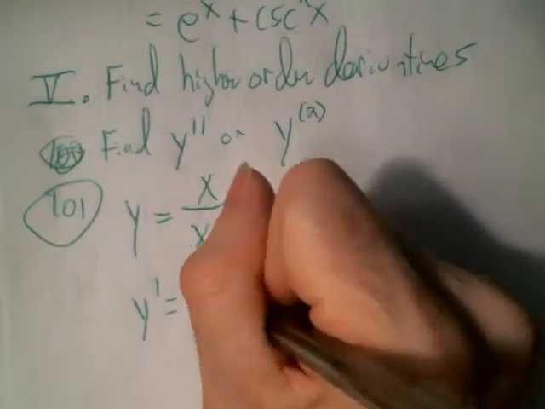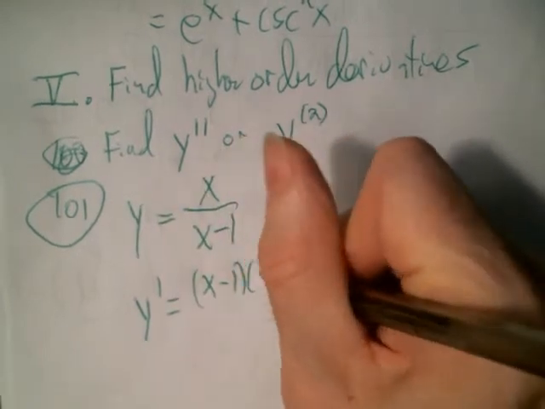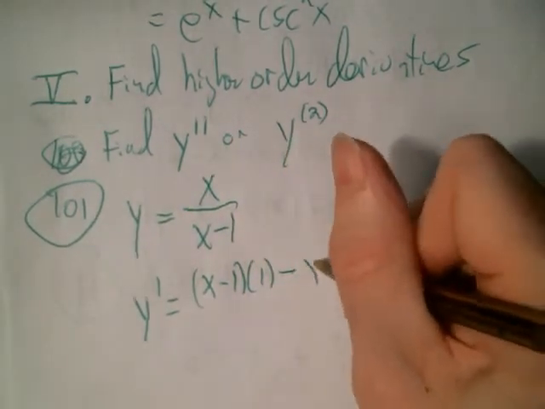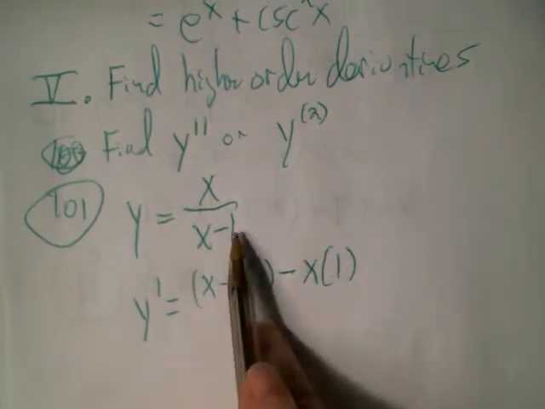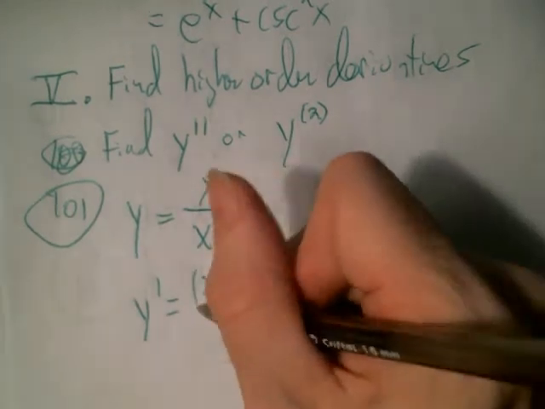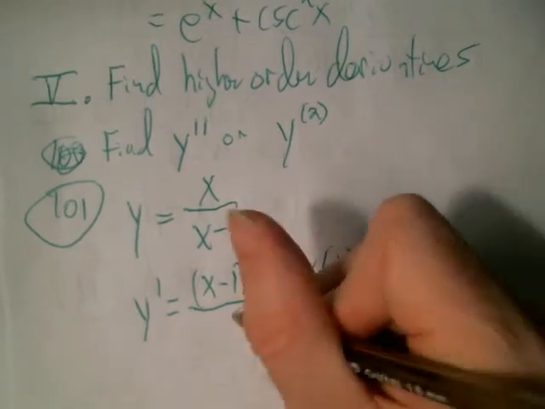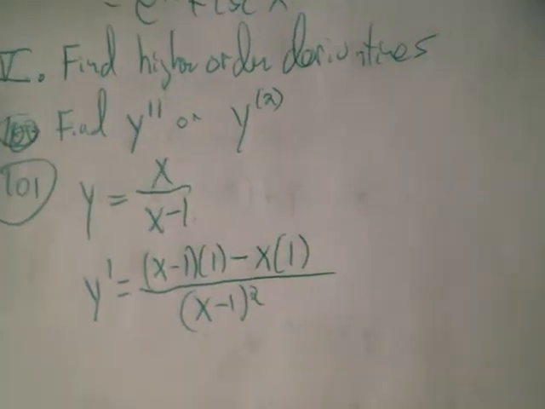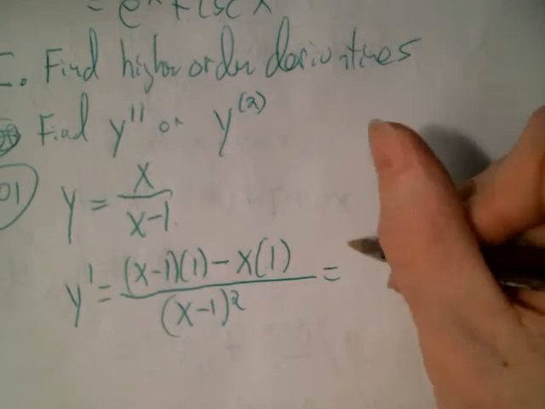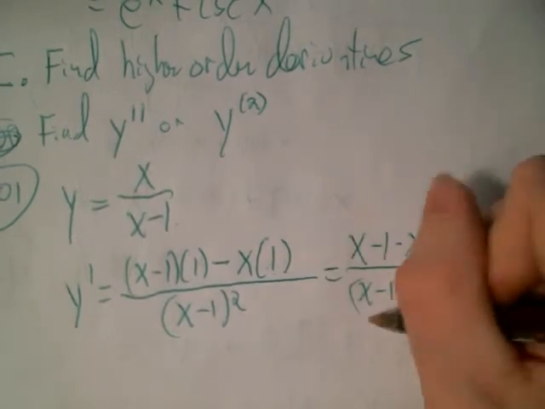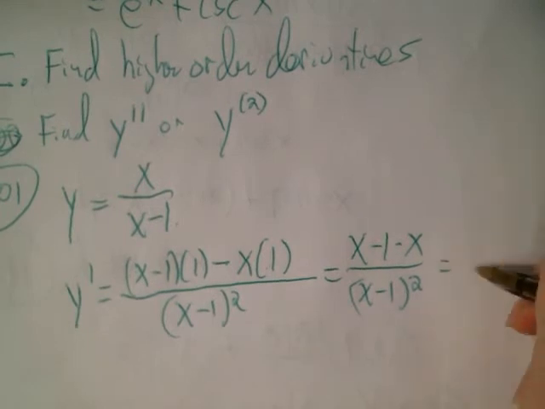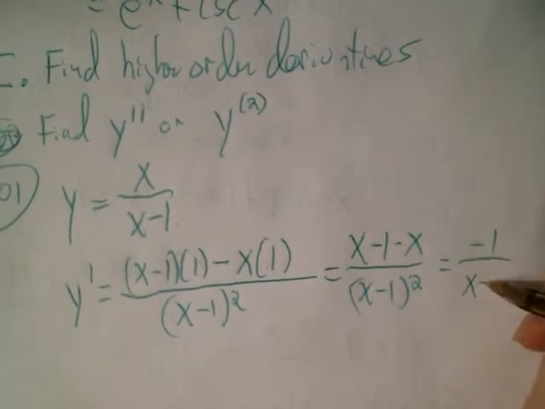Low d high, x minus 1 times the derivative of the high is 1, minus high times the derivative of the low. The derivative of x is 1, the derivative of negative 1 is 0, all over the low squared. Simplify, so I have x minus 1 minus x over x minus 1 squared. Then that'll be minus 1 over x minus 1 squared.